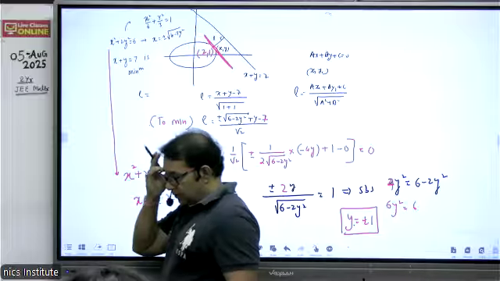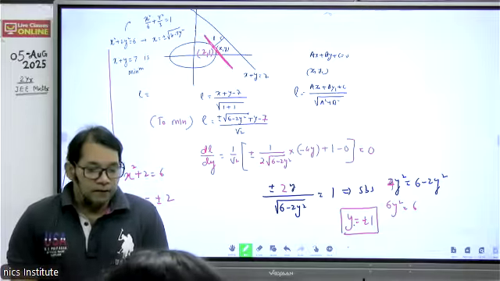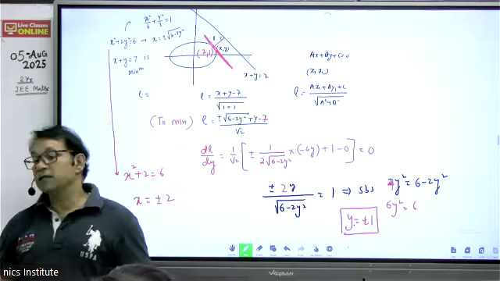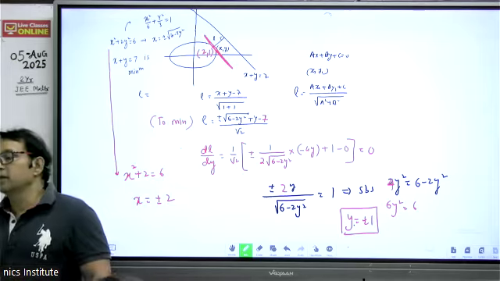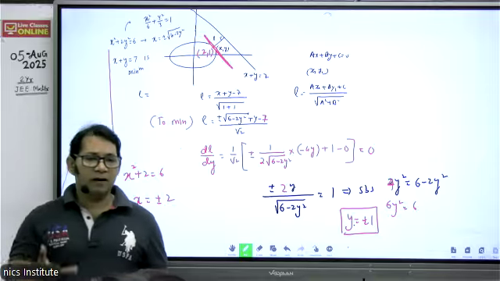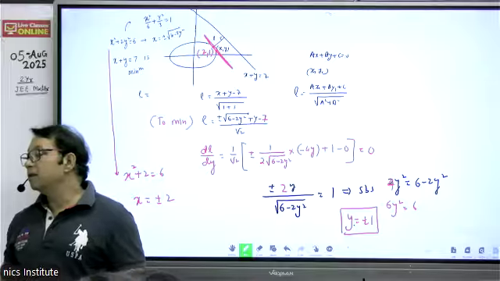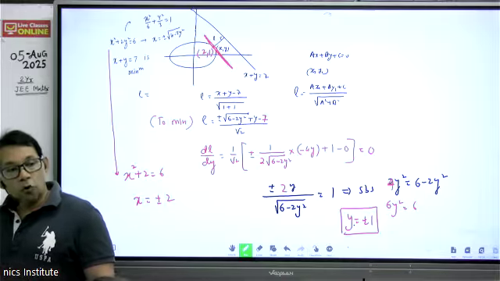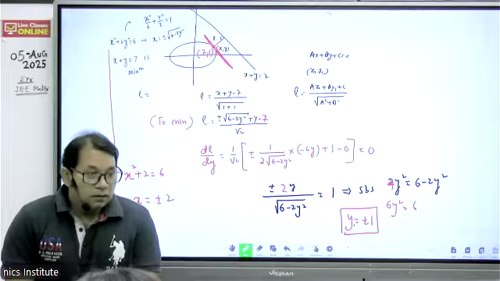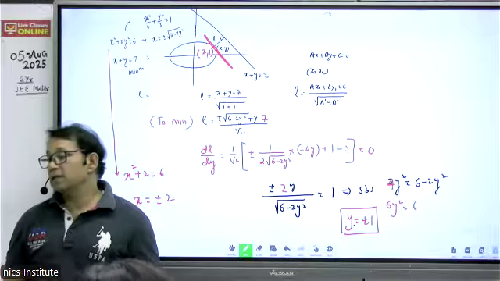If there is a point on the curve which is nearest or farthest from a line, then the slope at that point should be the same as that of the given line.